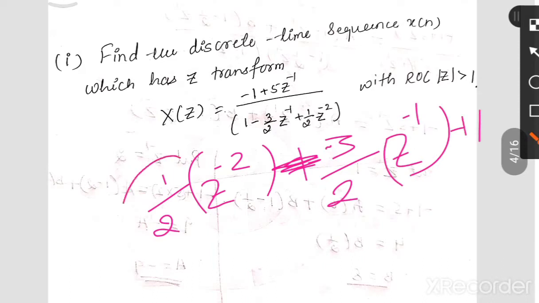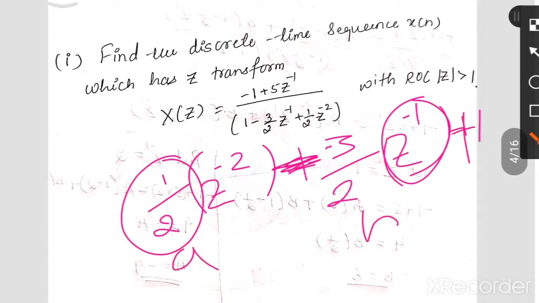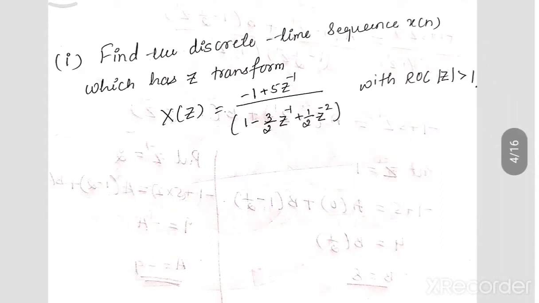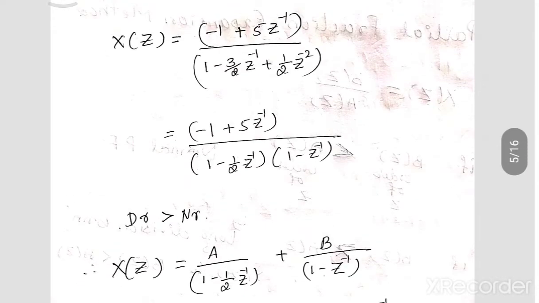So enter the x square coefficient as 1 by 2, b as minus 3 by 2, and c as 1. This is a, b and c, where a is the x square coefficient, b is the x coefficient, and c is a constant. Enter it like this and get the roots of it. So you get one root as 1 by 2 and another as 1.